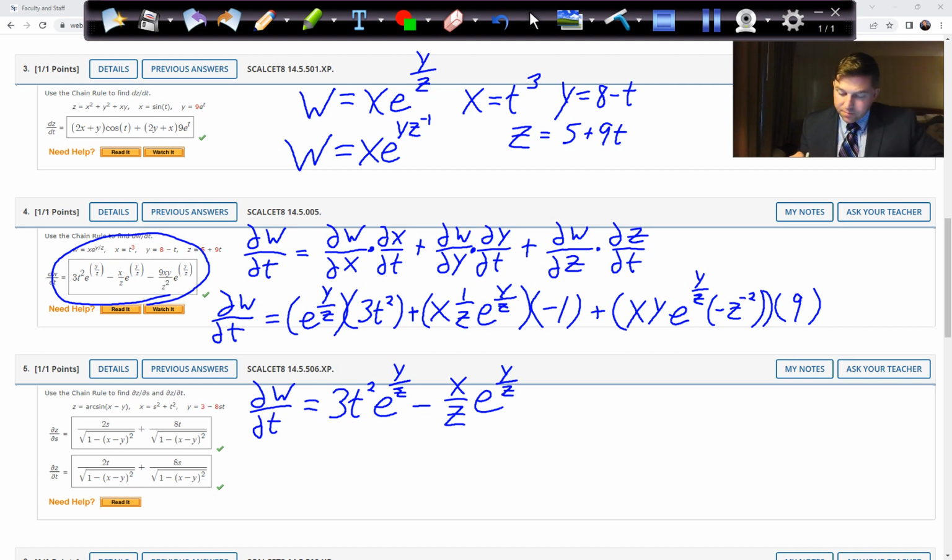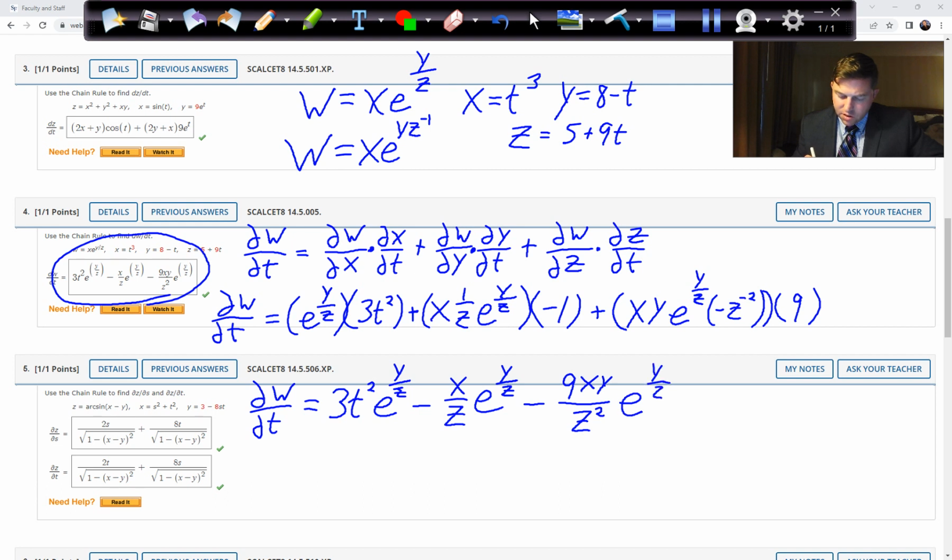Now this one, we have 9xy with a minus, so it's going to be minus 9xy on top divided by z squared. So that z to the minus 2 will come down, and we're going to get e to the y over z.